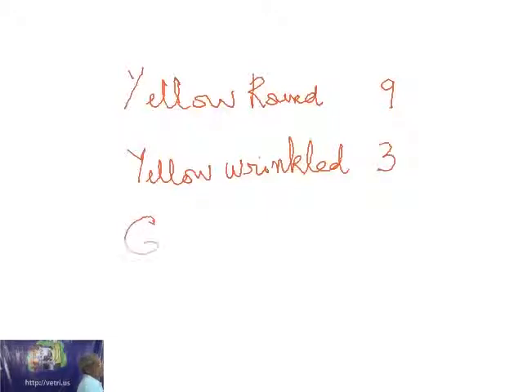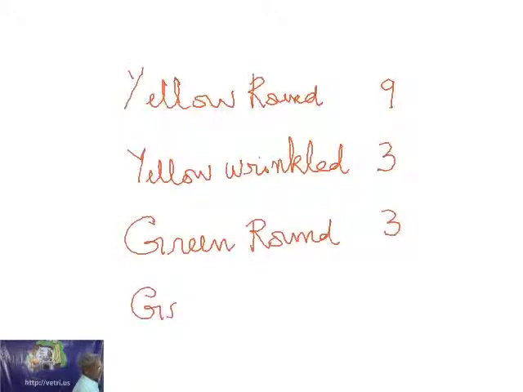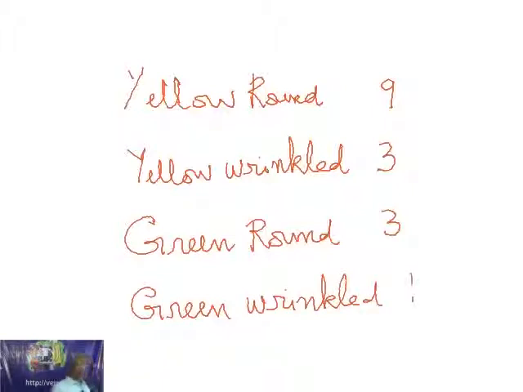Then you have got green round, green round is 3. Then green wrinkled, green wrinkled 1. Now this is a clear-cut dihybrid cross.